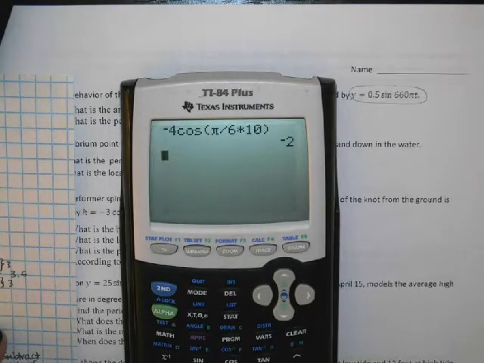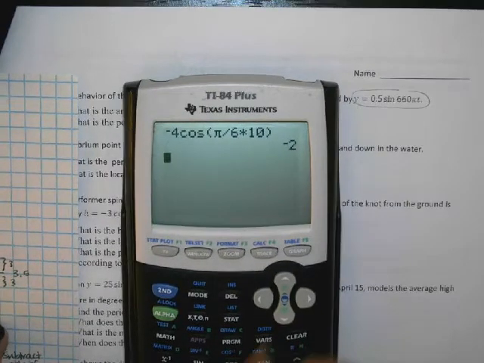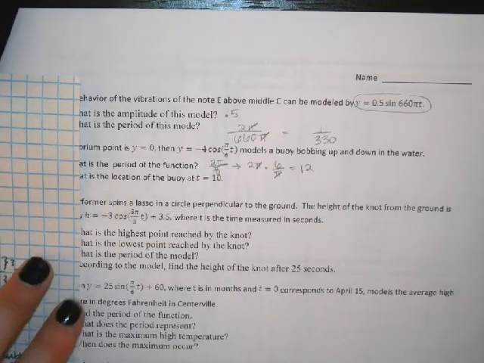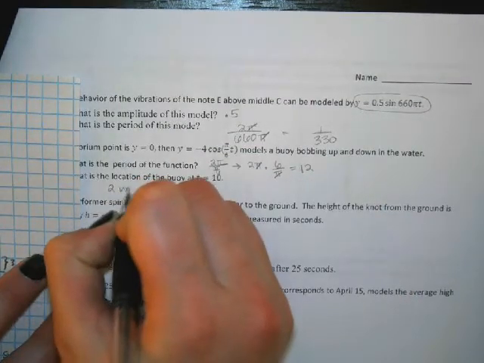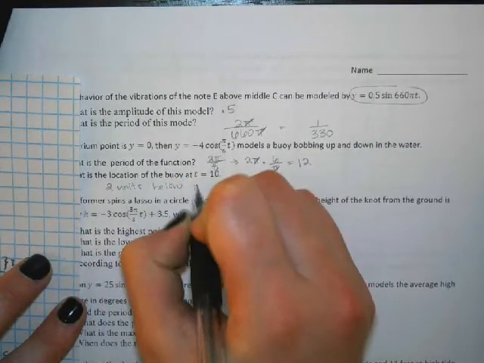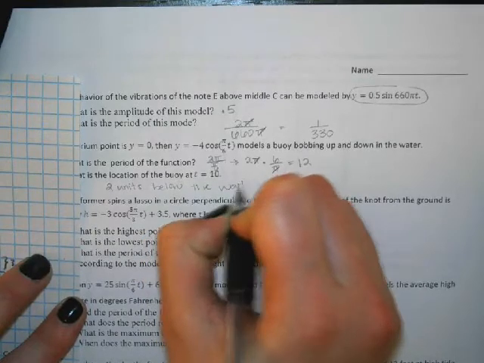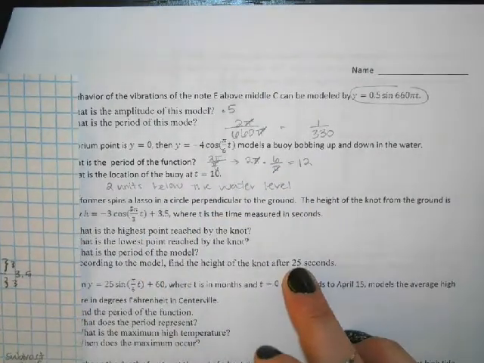You've got where the water would be if it was completely still, and this means the buoy has gone 2 units, it could be 2 inches, 2 feet, 2 meters, below that number. Does that make sense? So we're going to say 2 units below the water level, wherever the water would have been if it was still. 2 units below that.